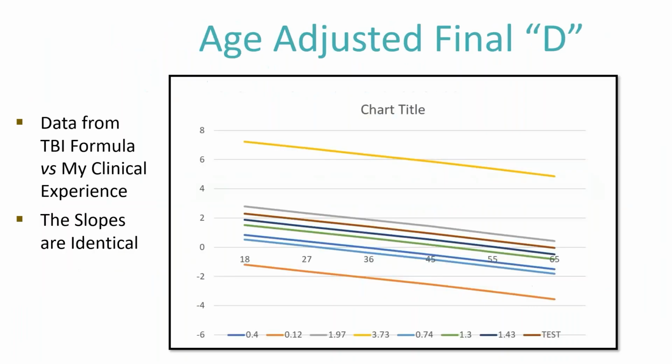For those familiar with the TBI, the tomographic biomechanical index, it has always used age, and people talk about it being inherently advantageous. But when I used my age correction factor on the final D and compared it to the TBI, the performance was identical. That's why these lines are parallel. So the new version 4 does use age.